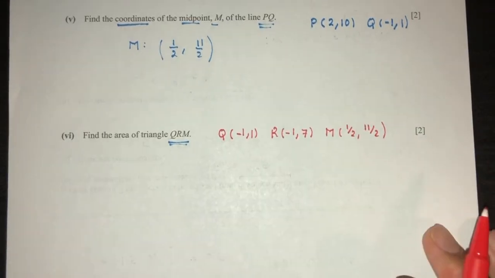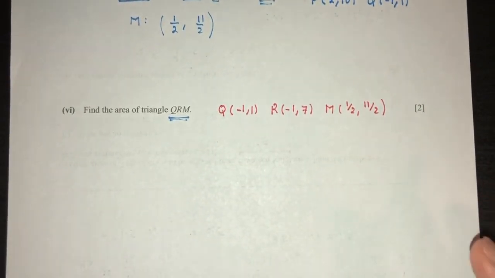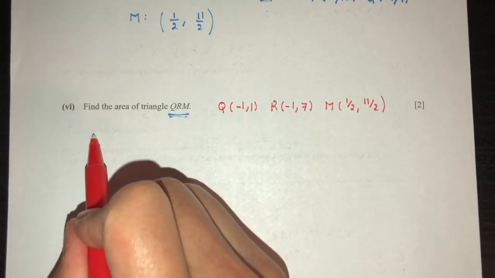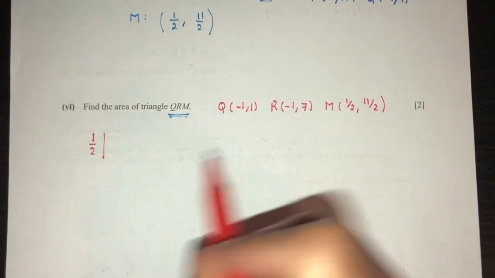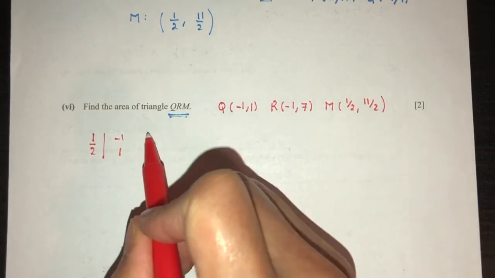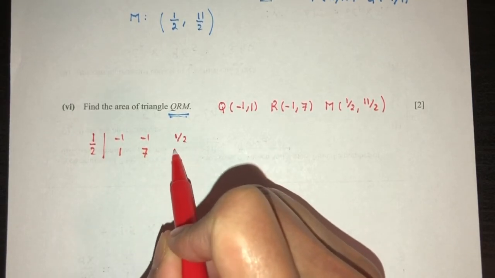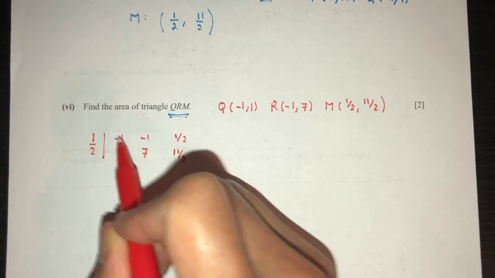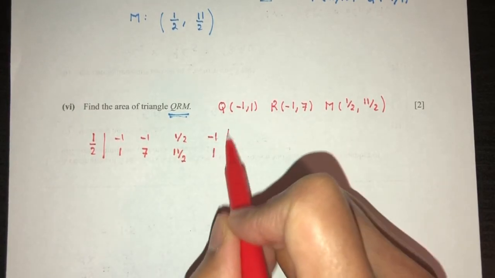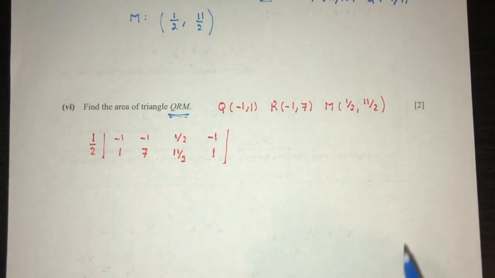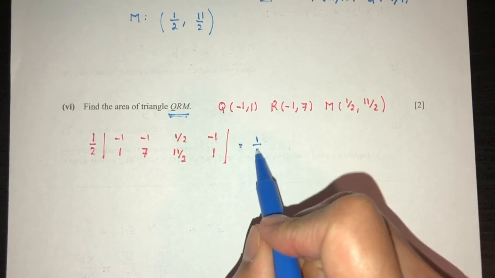We can just use the formula directly instead of trying to make a drawing. It's best to use the formula. So that'll be half, (minus 1, 1), (minus 1, 7), (half, 11 over 2), and then finish with the first point, (minus 1, 1). This is called the array method. So let's find the answer.